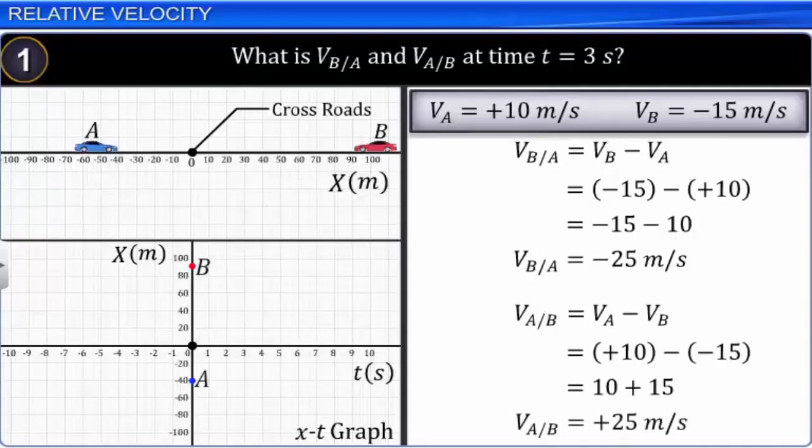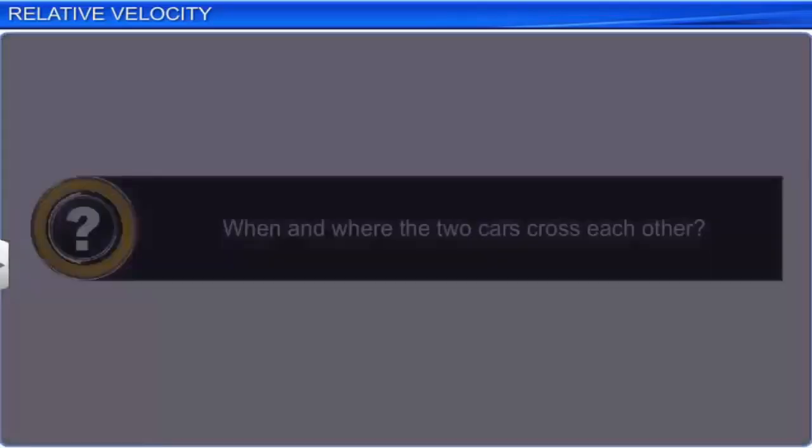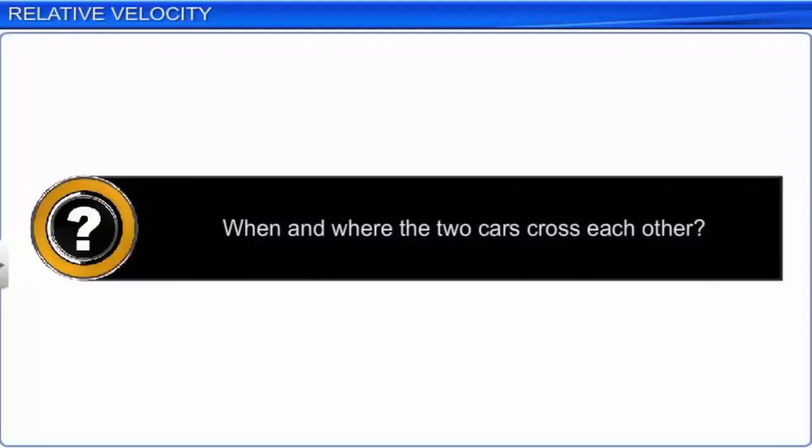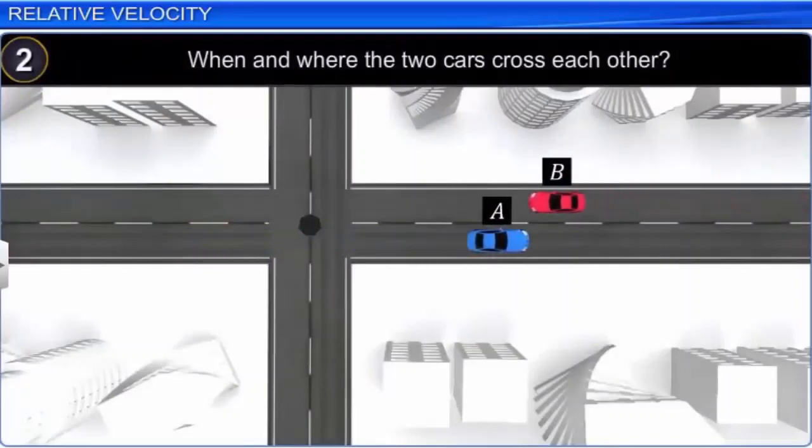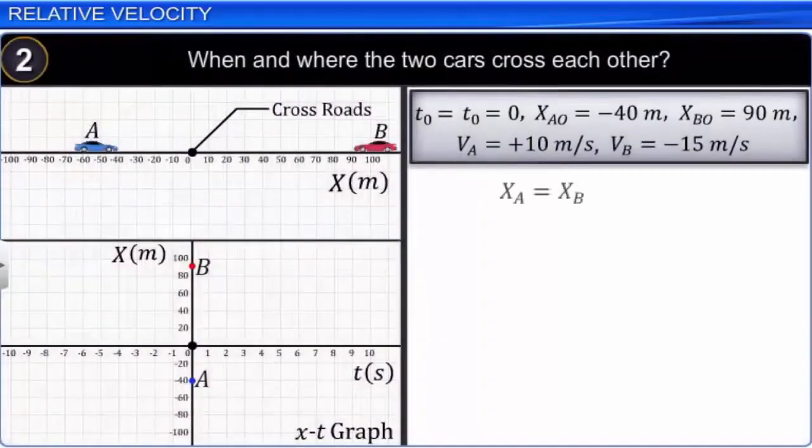When and where do the two cars cross each other? When the two cars cross each other, their position coordinate is the same. That is, XA is equal to XB, which is equation 1. Here, XA is equal to XAO plus VA into (T minus T naught).